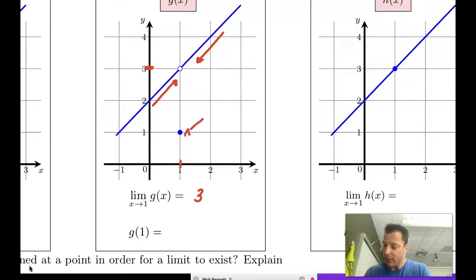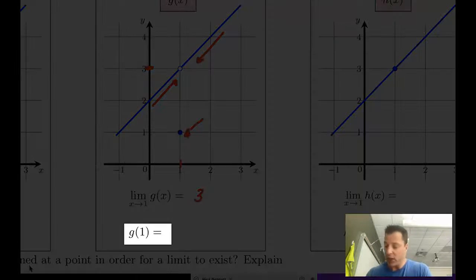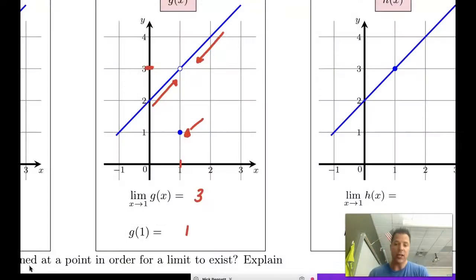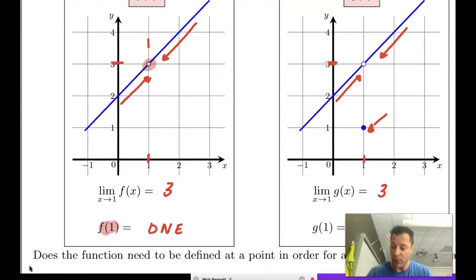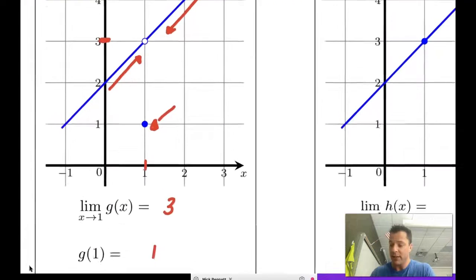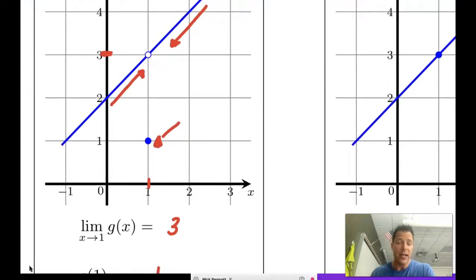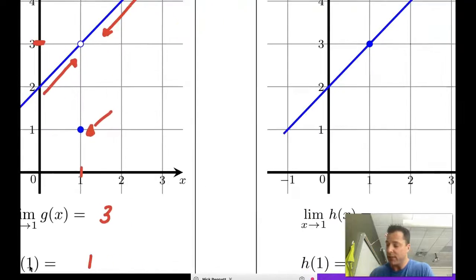That is g of 1, and g of 1 equals 1. So in this example, g of x, the limit exists, and the function value exists. That was different than the first one. Notice how there's no point here, there's nothing here. So in the first one, the limit of f of x exists, but the function value does not. Here in g of x, the limit and the function value both exist.